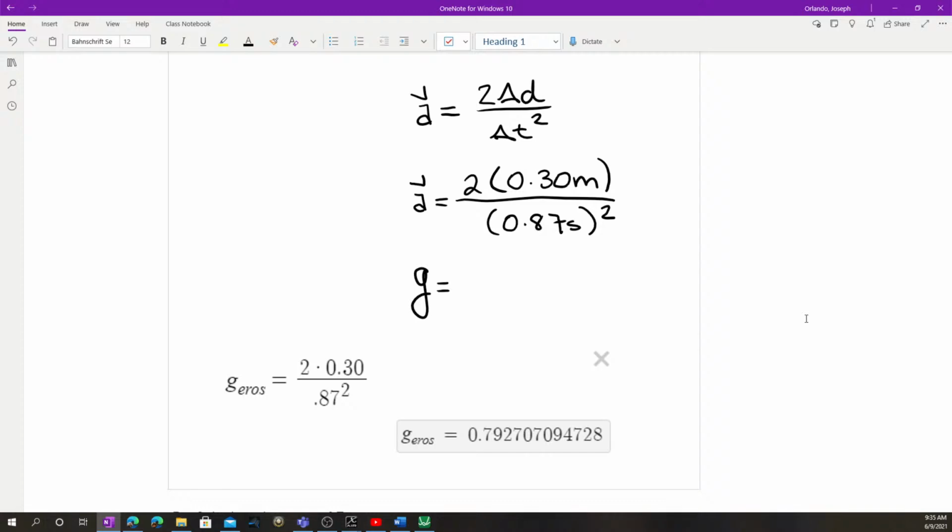Well, we have 2 sig figs. So we can say 0.79 meters per second squared. There we go. But we know we've got the version with 2 extra sig figs there for doing future calculations, so that's good.